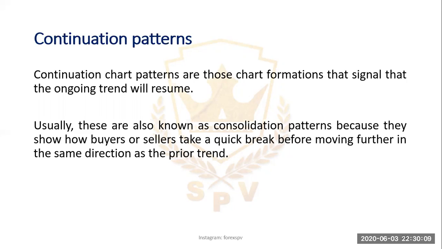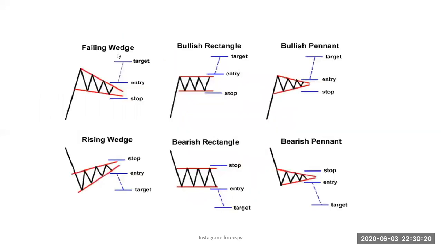And we have the continuation patterns, which are those chart formations that signal that an ongoing trend will resume. The falling wedge and the rising wedge, I take them as top and low, top and high, then drop. And we have the bullish rectangle and the bearish rectangle. And this is usually confusing because you're very sure the cycle is not complete.